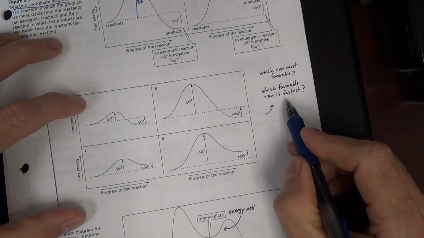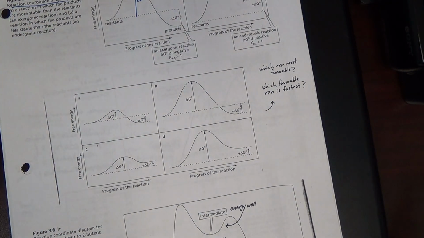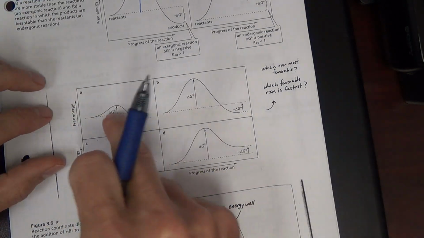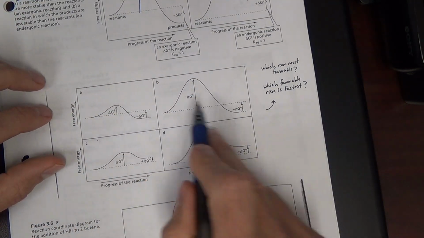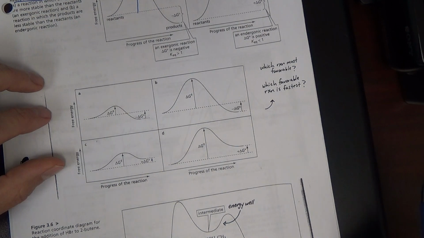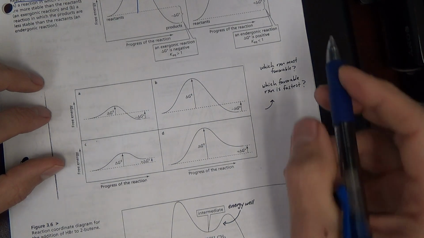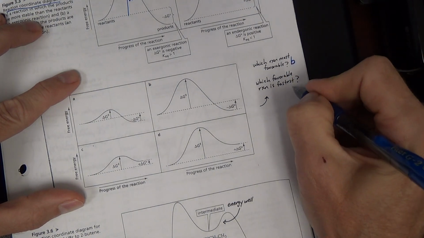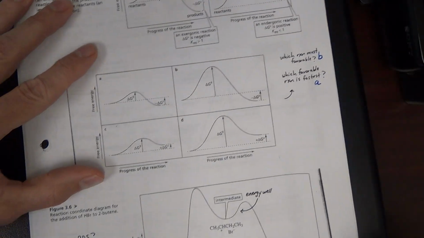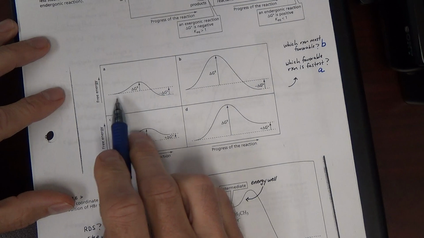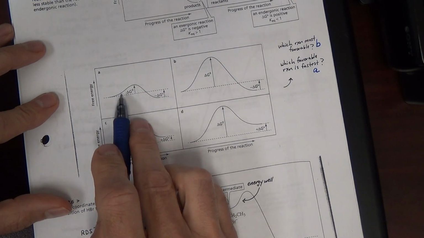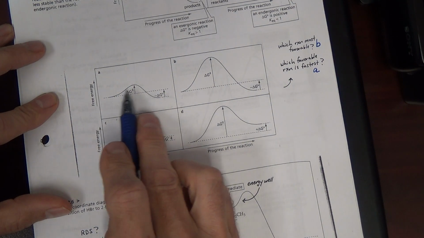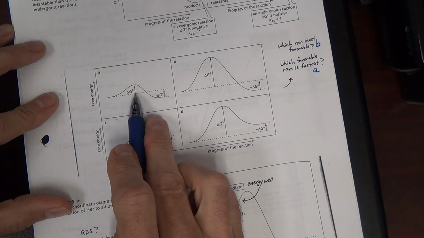But which reaction is going to be fastest? Hold on now. It says which favorable reaction is fastest. A and B are both favorable. Which of A and B is fastest? That would be A. So that one's B, but the fastest is going to be A. Why? Because A has the lowest activation energy of the two.